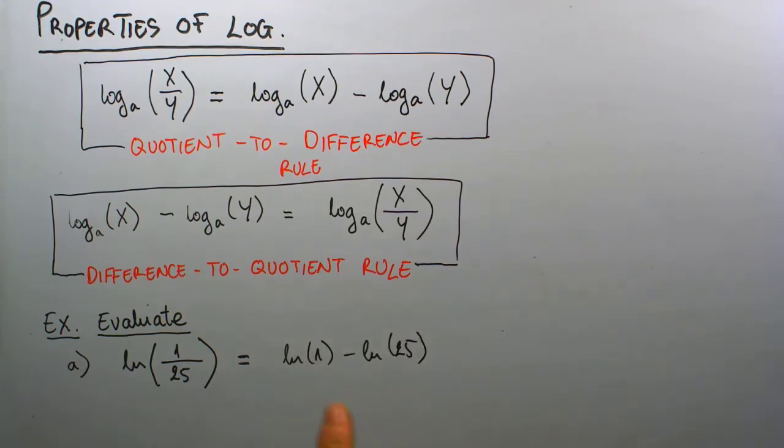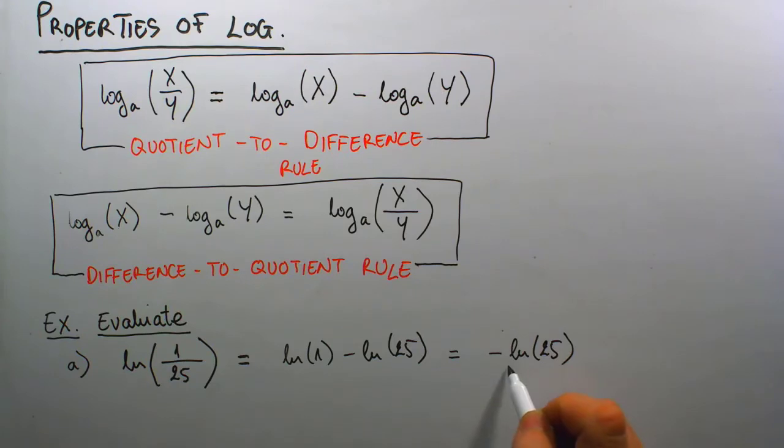Currently I'm explaining a lot of thought process here, so it seems to slow down the process a little, but once you get fluent with this, it will be a lot faster. Now natural log of 1, according to the earlier property that we have learned, is simply 0. So our problem turns out to be simply the negative of natural log of 25.